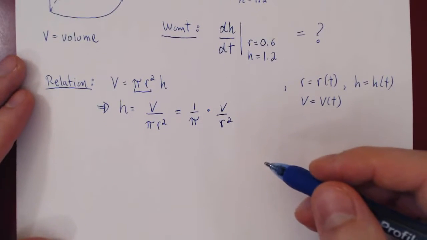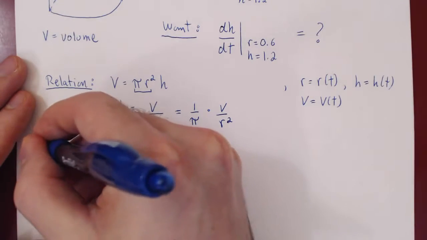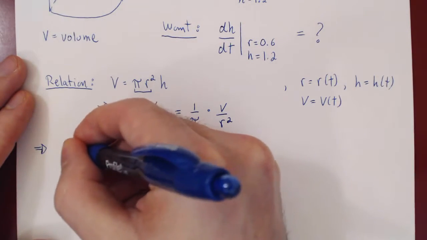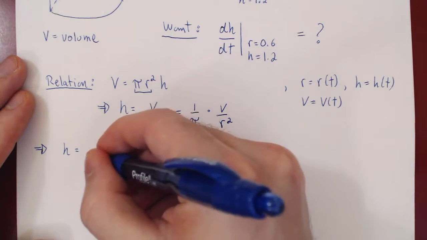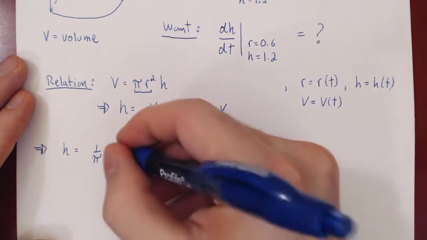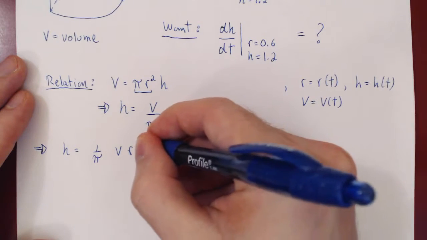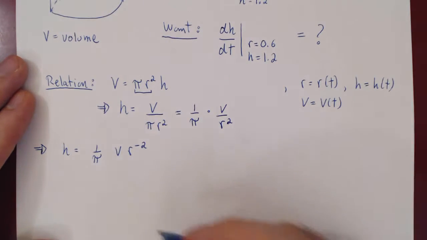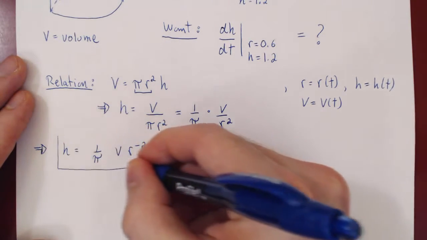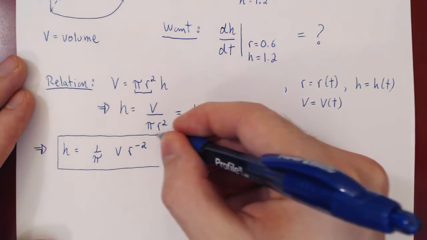And this will be my final relation. So I'll go with the height is 1 over pi times the volume times r to the minus 2. And this is the relation I'll use to find my derivative.